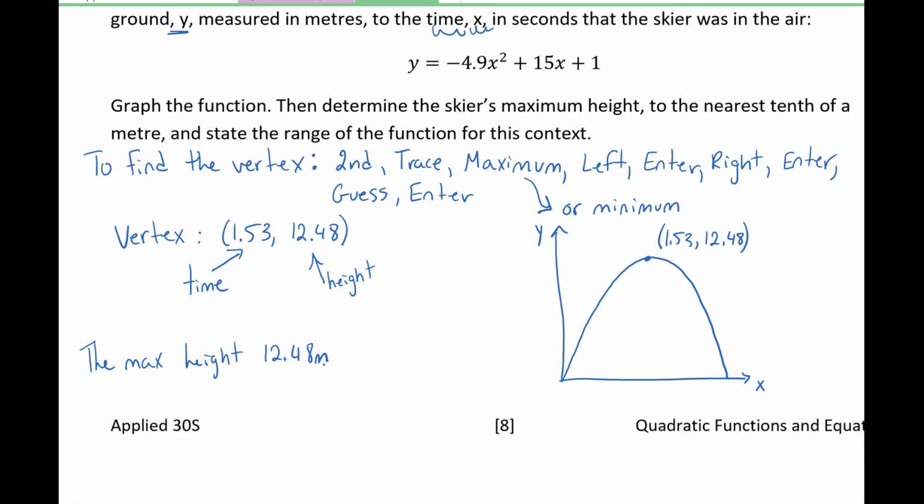And then the range, we know that the range is always our minimum and maximum y values. In this case, our minimum and maximum heights. So in our case, the range would be from 0 to 12.48. We're going to keep the 2 decimal places.